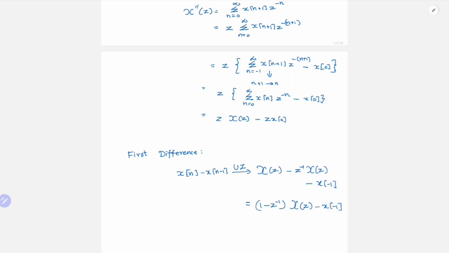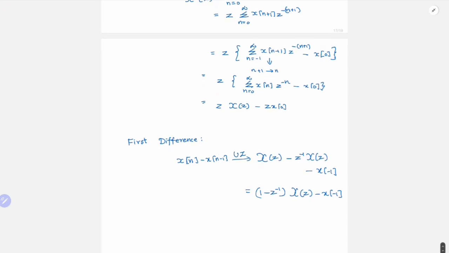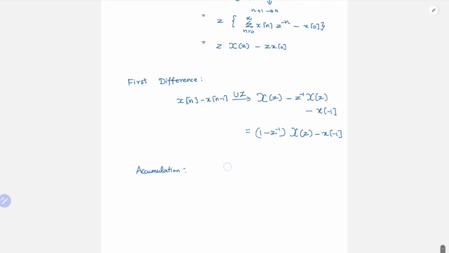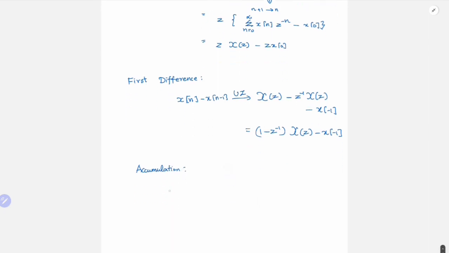Apart from this, all other properties are going to be the same. Only wherever you do the time shifting, you have to be careful. And even in the accumulation case, since the signals are going to be causal, you will have y of n equal to summation k equal to 0 to n x of k.